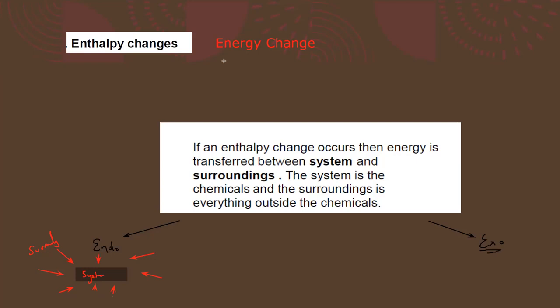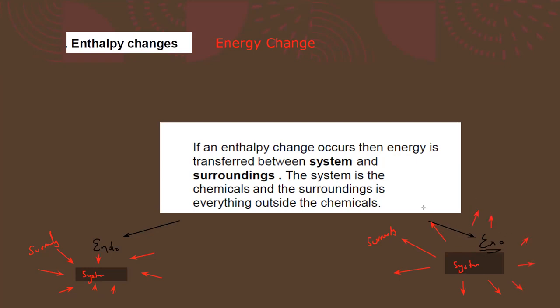But what happens in an exothermic reaction? If a reaction is exothermic, we have a system, and anything other than the system refers to the surrounding. So when the energy change occurs, energy transfers from the system to the surrounding in an exothermic reaction.